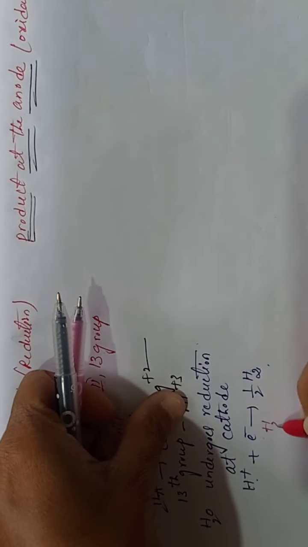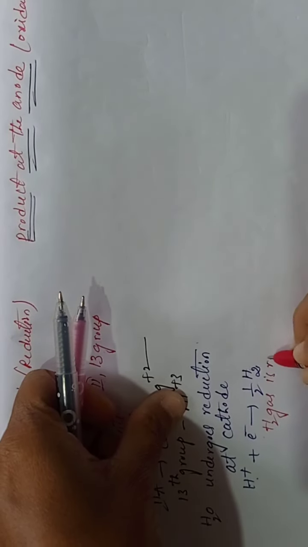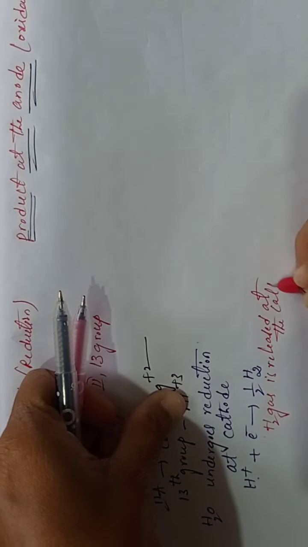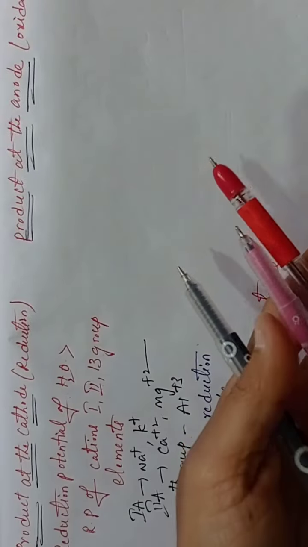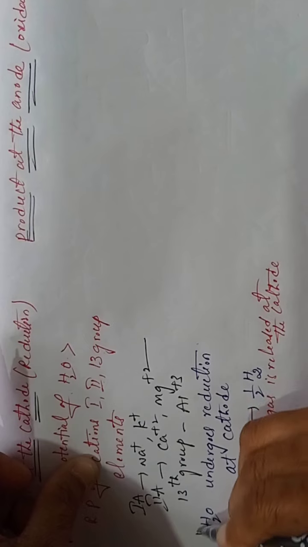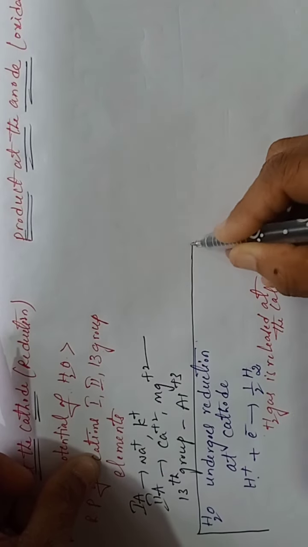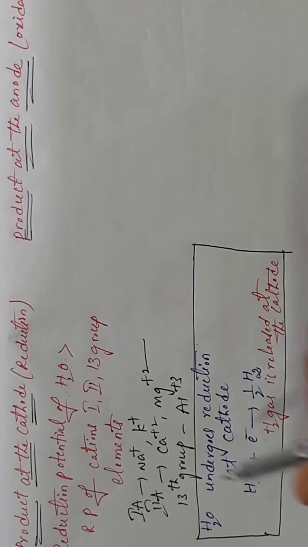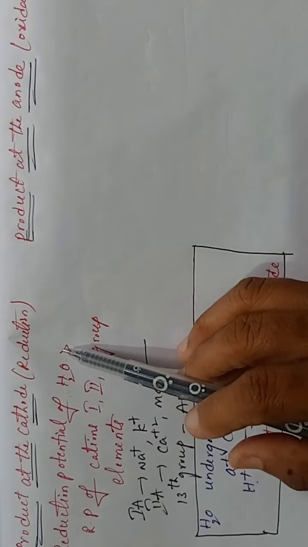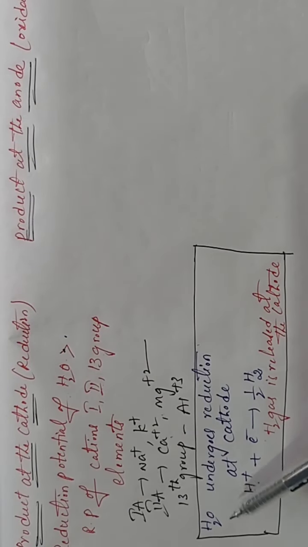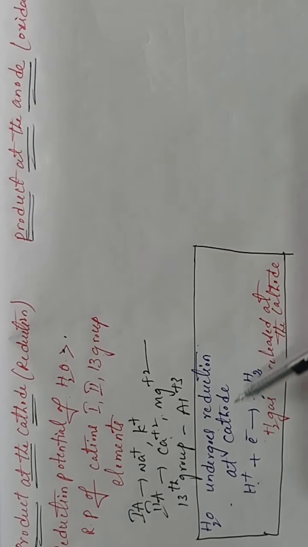That means H2 gas is released at the cathode. This is the trick you have to remember, students. If the reduction potential of water is greater than these metal ions' reduction potentials, then water only undergoes reduction at the cathode.